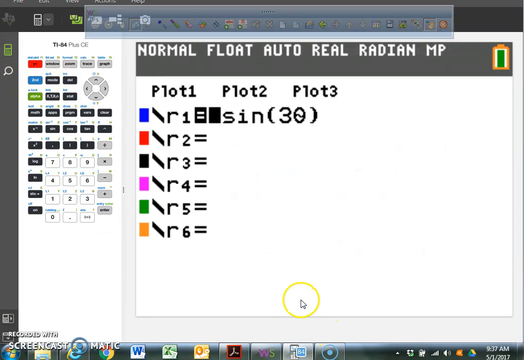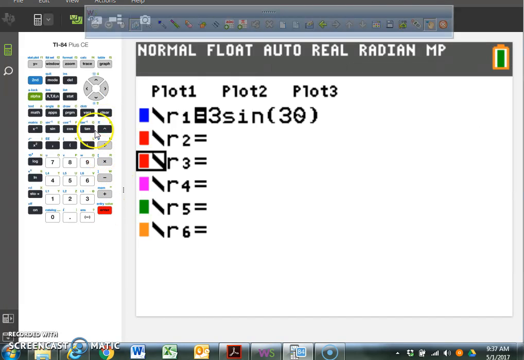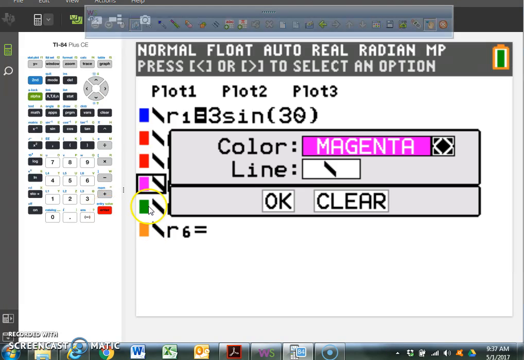Right now, I'm going to go to y equals. You see how this is red. I'm going to make all of these red. So go over here to where it's blinking. Press enter. I'm going to change it to red. One to the left changes it to red. I'm going to press OK. I'm going to go down to r4. Press enter.